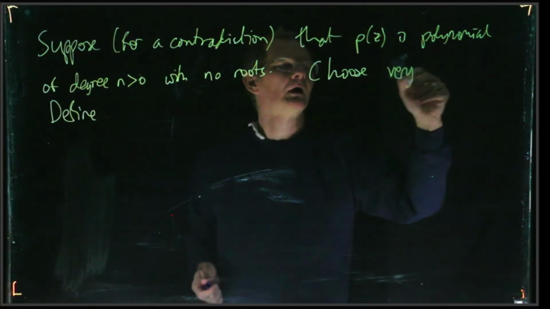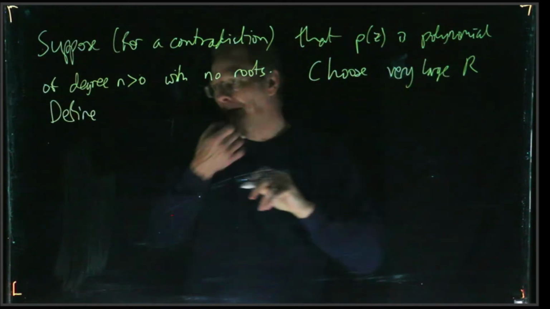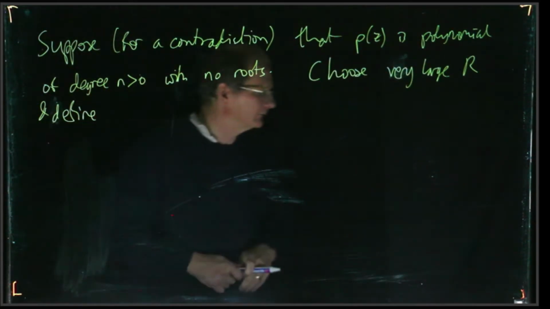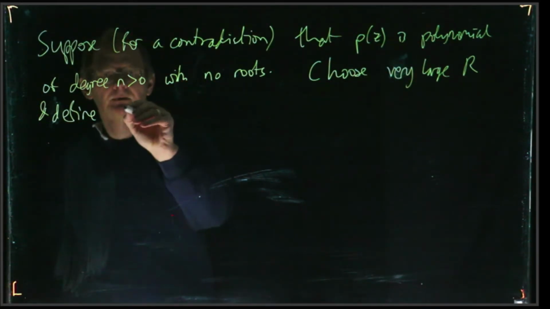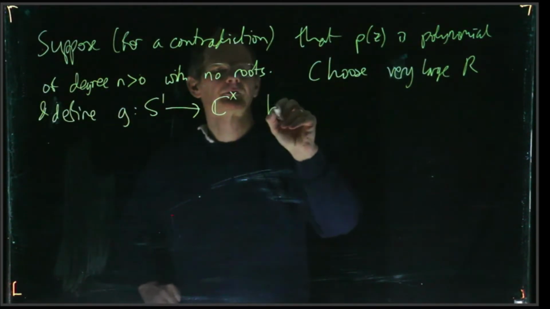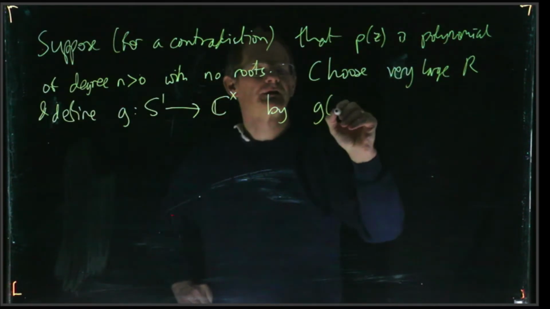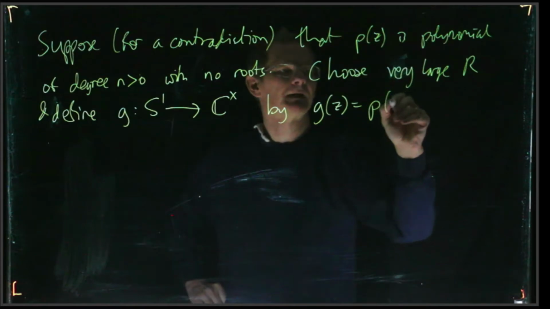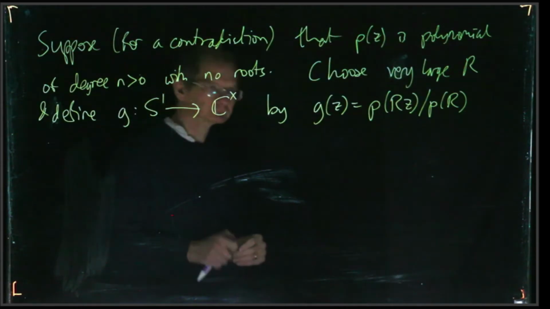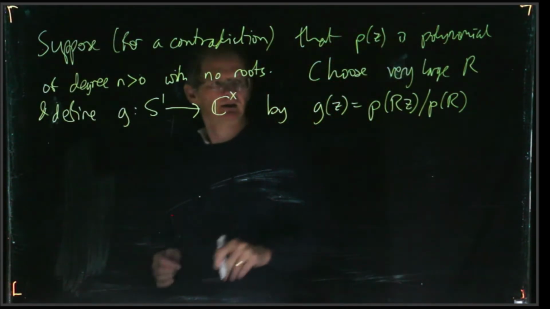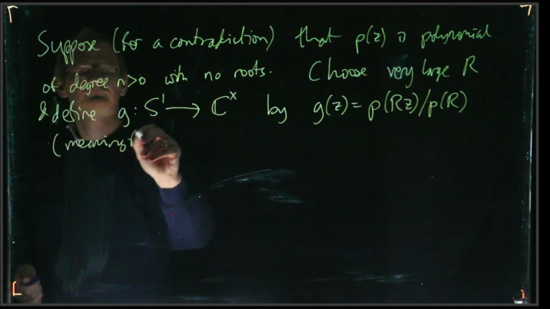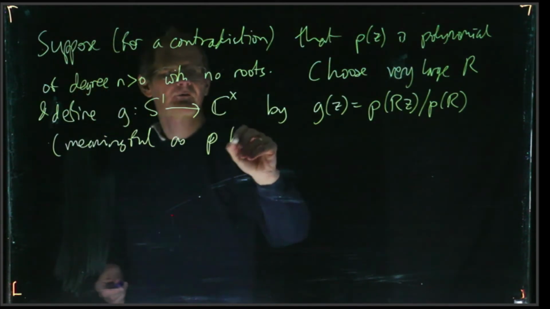choose a sort of very large R. Okay, we'll specify a bit later exactly how large it has to be, and we'll define g from S^1 to non-zero complex numbers by g of z is going to be P of Rz over P of R. Okay, so this is valid because P has no roots.